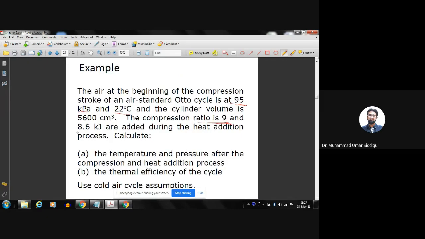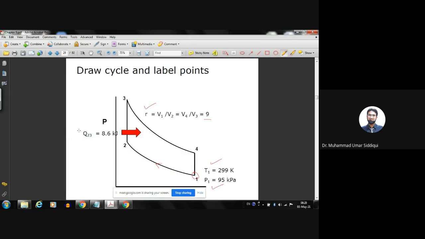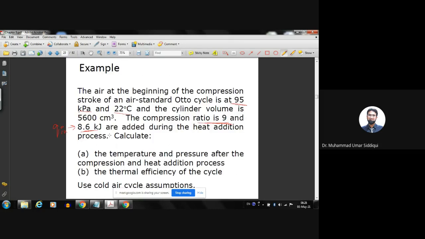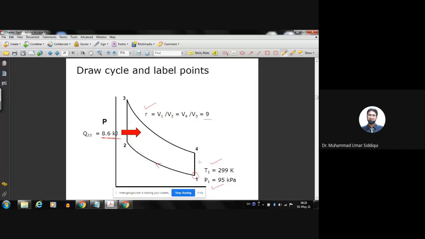And 8.6 kilojoules are added during the heat addition process. That's the Q_in. So we know the amount of heat added during the heat addition process, about 8.6 kilojoule. What we need to do is calculate the temperature and pressure after the compression process, T2 and P2.